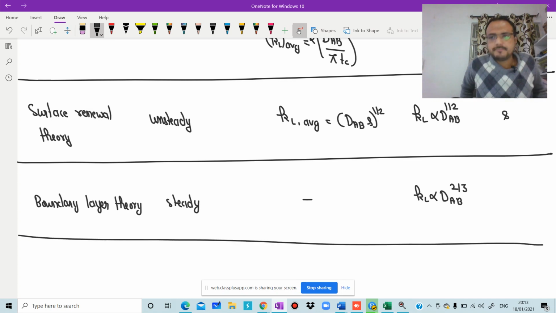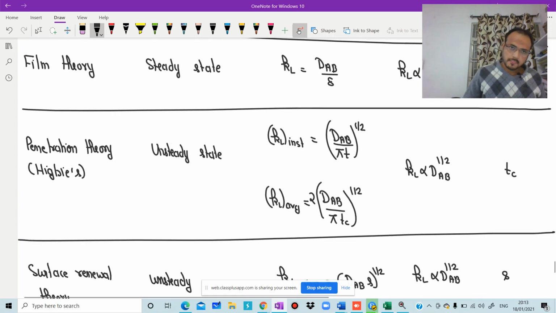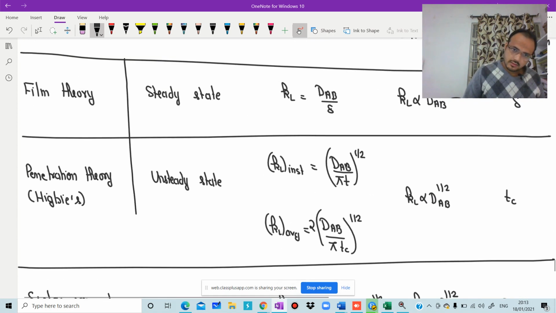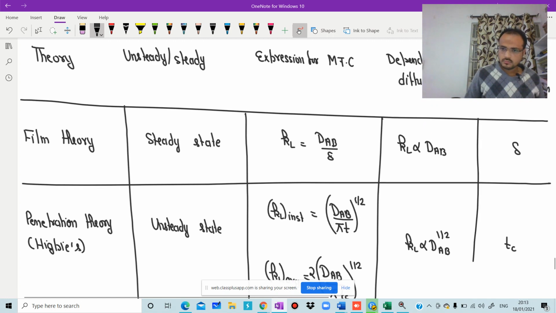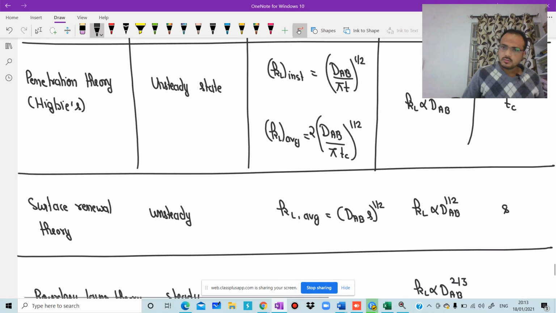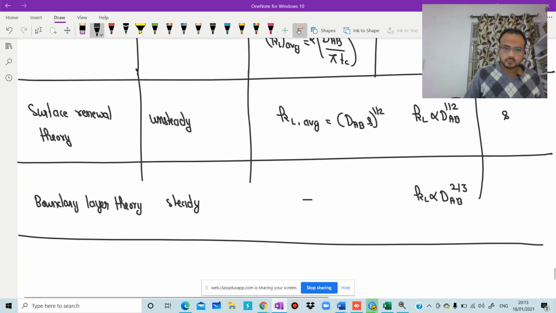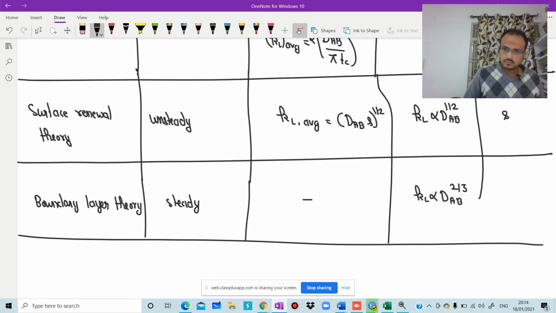This part is also finished. Where TC is the contact time, S is the surface renewal frequency and delta is the film thickness.